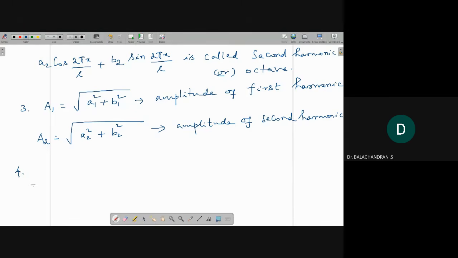Generally, the amplitudes A1, A2, A3, and so on will decrease rapidly.